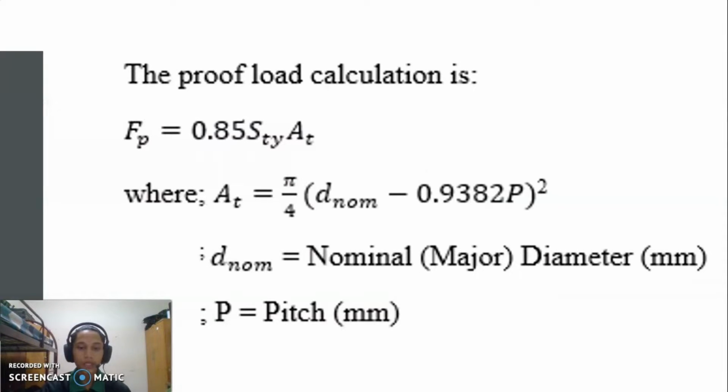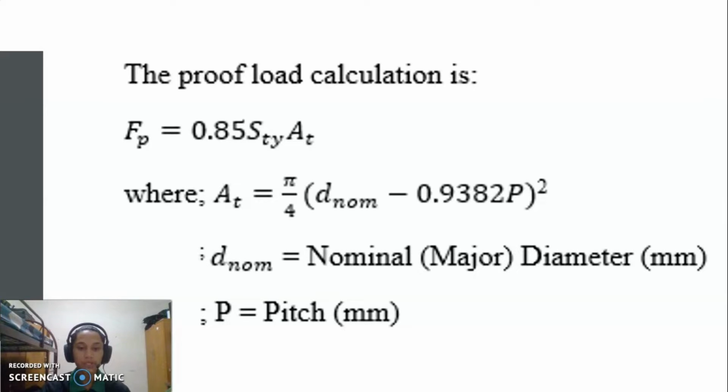Here is the formula that should be used in order to find the proof load of the bolt. The formula is force proof equals 0.85 multiplied by tensile yield strength and tensile stress area, where the tensile stress area, which is At, is equal to pi over 4 multiplied by open bracket d, which is nominal diameter, subtract the multiplication of p, which is pitch, and 0.9382, close bracket squared.